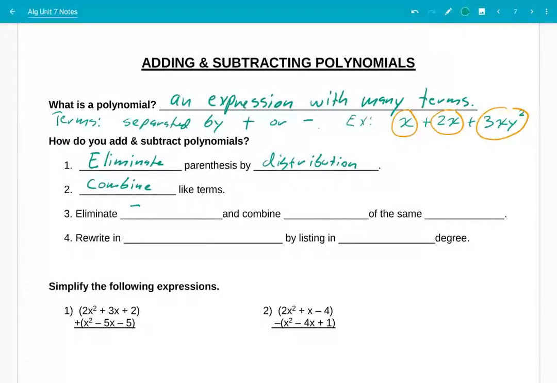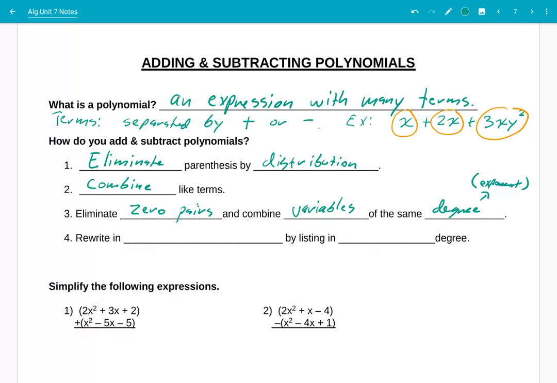You can eliminate zero pairs, and I'll show you exactly what that means, and combine variables of the same degree. And that's the exponent.